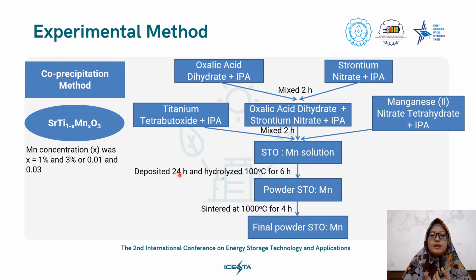The solution was then deposited for 24 hours, and it was then hydrolyzed at 100 degrees Celsius for 6 hours to get the powder of Mn-doped SrTiO. And finally, the powder was sintered at 1000 degrees Celsius to get the final powder of Mn-doped SrTiO.